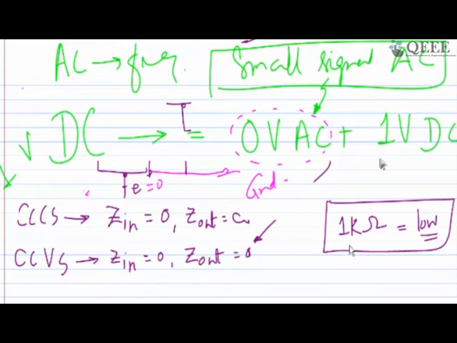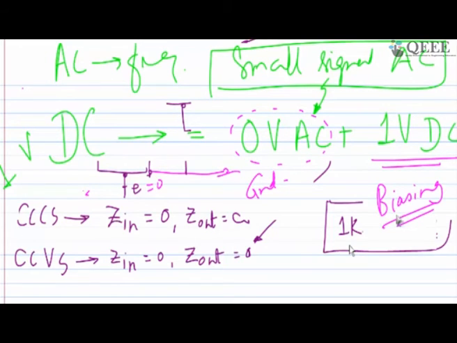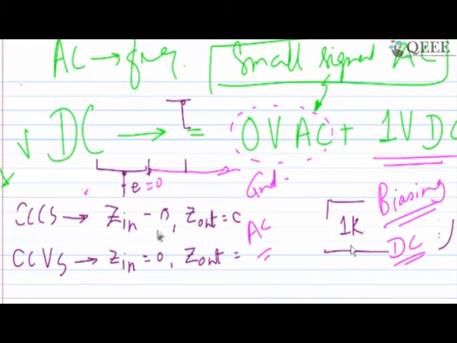Otherwise, when I do the DC analysis, I will consider the DC value, as we did when we started. The biasing of the circuit comes under that analysis. So we are treating both separately: first AC and then DC. That's how DC source is equal to AC ground.